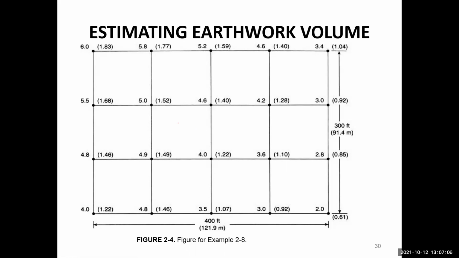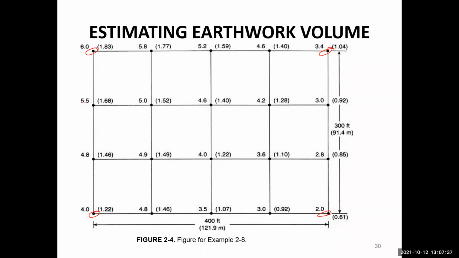So one type of points are the corner points, that means the points on the corner. So there are 4 corner points over here. Since these corner points are occurring only once in the grid, we can apply a weight of 1 for these points.